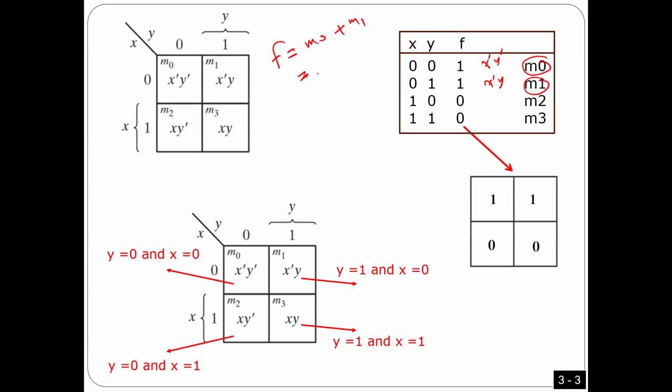So I can represent this function as x prime y prime, or x prime y. Is that okay? By the way, I'm going to use a term I don't think the textbooks are using. If you represent the function in min terms this way, this is the most unsimplified function. That's why I used the term last time. It's like a raw function. This is the most unsimplified function.